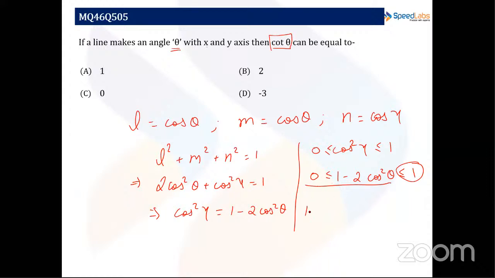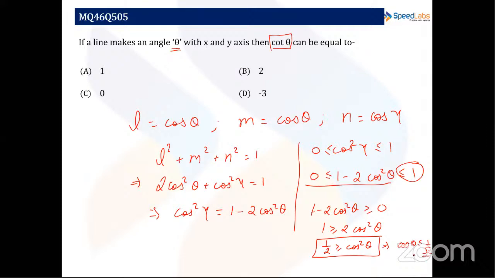For the first condition, 1 minus 2 cos square theta is greater than or equal to 0. So 1 will be greater than or equal to 2 cos square theta, so cos square theta is less than or equal to 1 by 2. So we can say that the value of cos theta will be less than or equal to 1 by root 2.